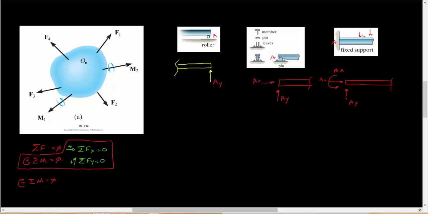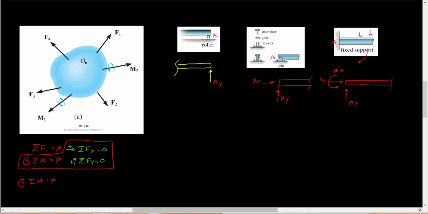If we had a bunch of forces acting on it, if this was some kind of bookshelf, these books would be pushing down on this, causing a rotation about point A. So you have to have a moment about point A to hold this in equilibrium.